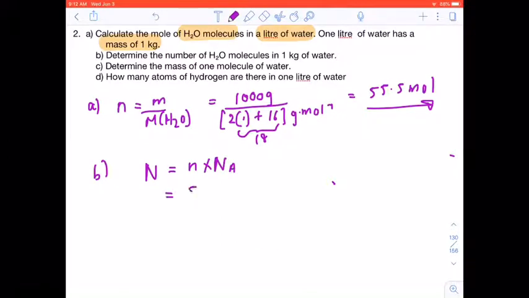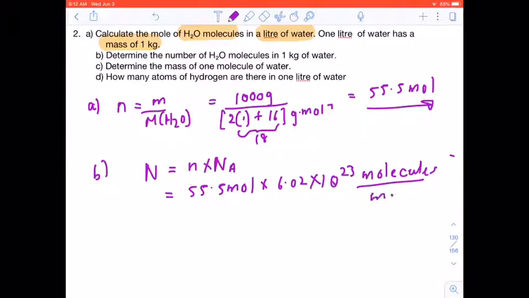We know how many moles we have, times 6.02, because we just take it to 6.02, times 10 to the 23 molecules per mole.